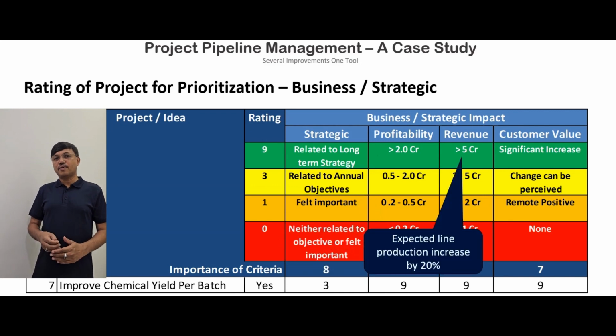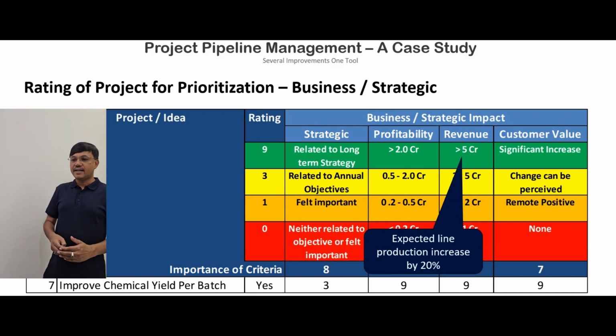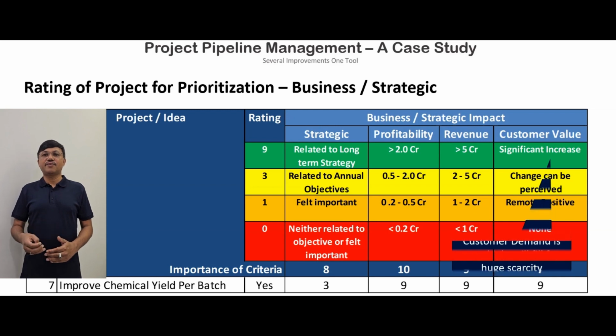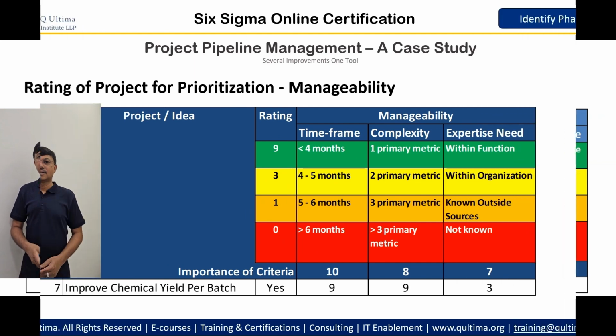Also on revenue, the impact was very high because the production increase was substantial, and the rating again was 9. In case of customer value, it was found that there was a huge demand gap in the market, and if the productivity increases, the value to the customer is going to increase substantially, and again a rating of 9 was given. So based on business significance, these ratings are given.